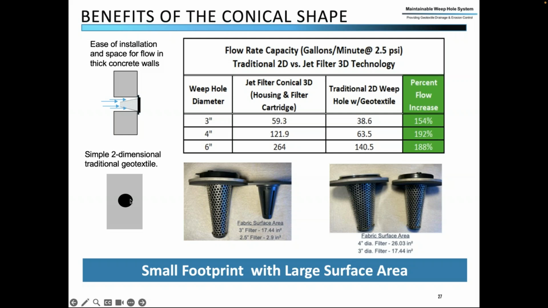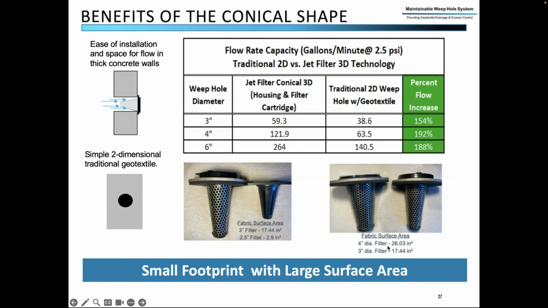So it's a hole in the wall with a geotextile filter fabric flush up against the hole on the back side. Well, a 4-inch hole, for example, has about 12 square inches of surface area on the geotextile filter fabric. The same 4-inch hole with a conical shape has 26 square inches of geotextile filter fabric.